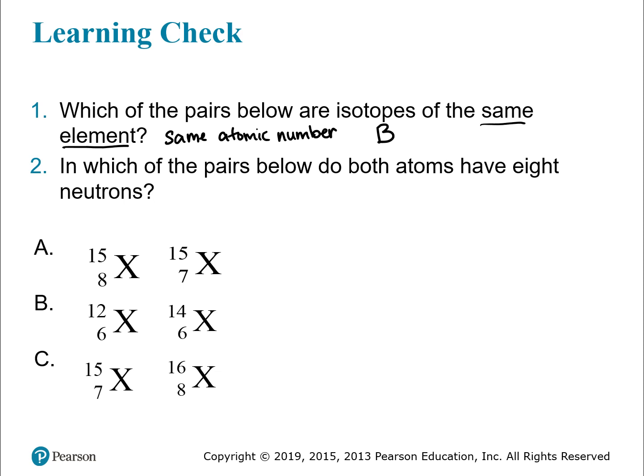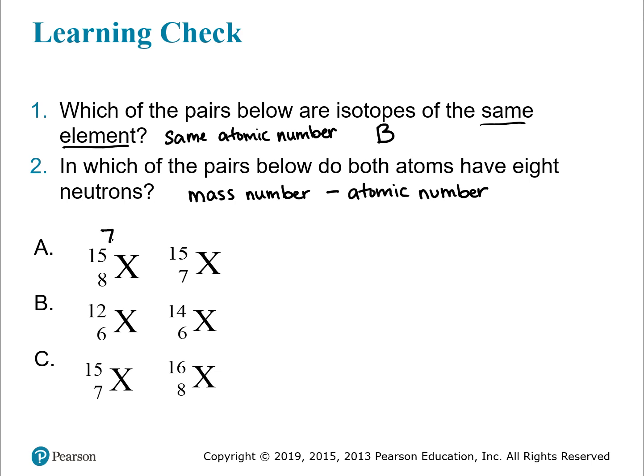In which of the pairs below do both atoms have 8 neutrons? To figure out the number of neutrons, you take the mass number and subtract the atomic number, which is the number of protons. 15 minus 8 gives you 7.